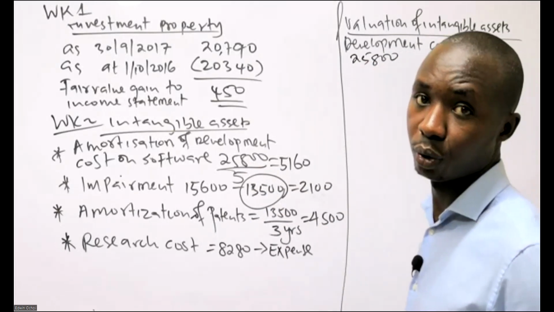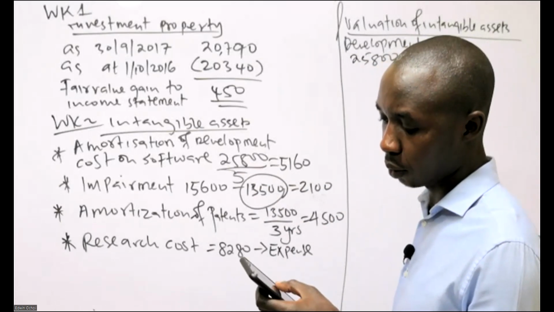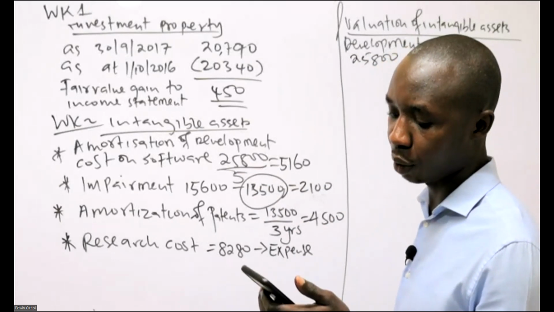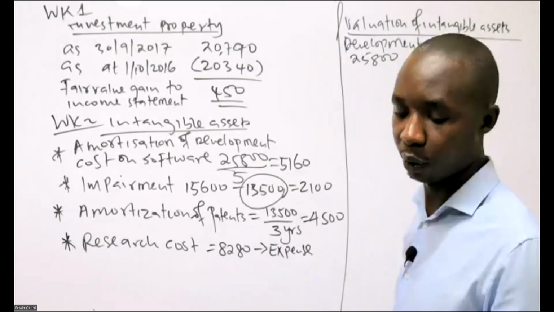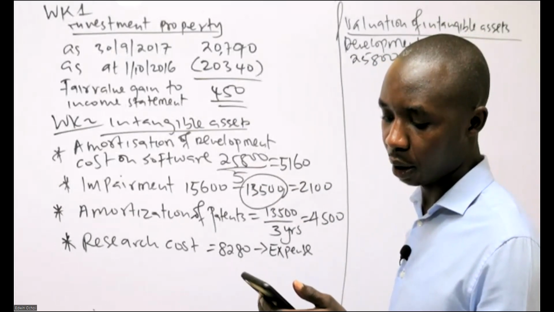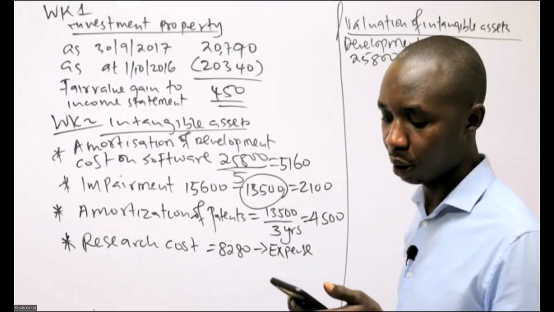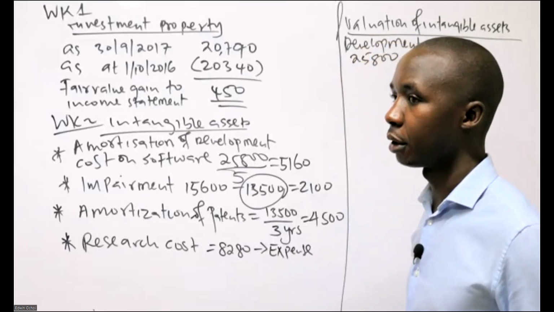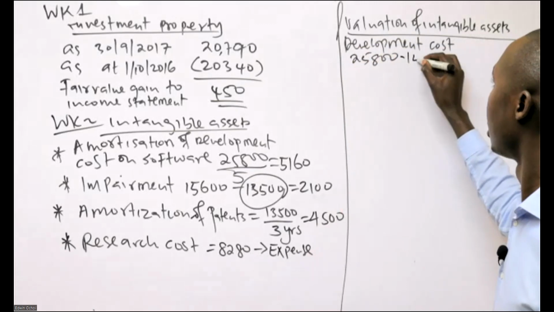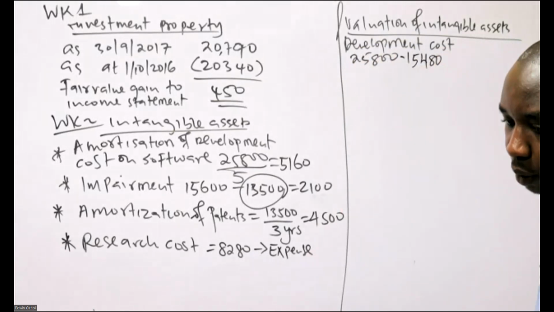According to that note, we have an accumulated amortization. I need to know by the end of the period which development cost I have to record. That is why I'm doing the valuation. So development cost had an accumulated amortization of 15,480. So we deduct accumulated depreciation.